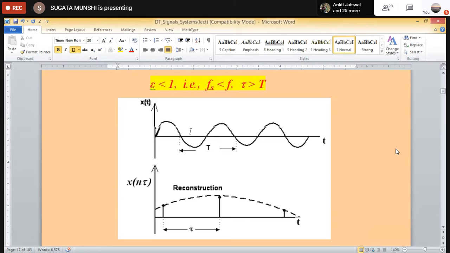Now, if you sample at a rate fs less than f, the sampling interval is greater than capital T. So if the first sample is here, I have chosen one value of tau which is greater than capital T. Next sample, suppose it comes here. Next sample will come there. The time difference between the occurrence of those two samples obviously is tau. Again, this interval is tau, and so on.